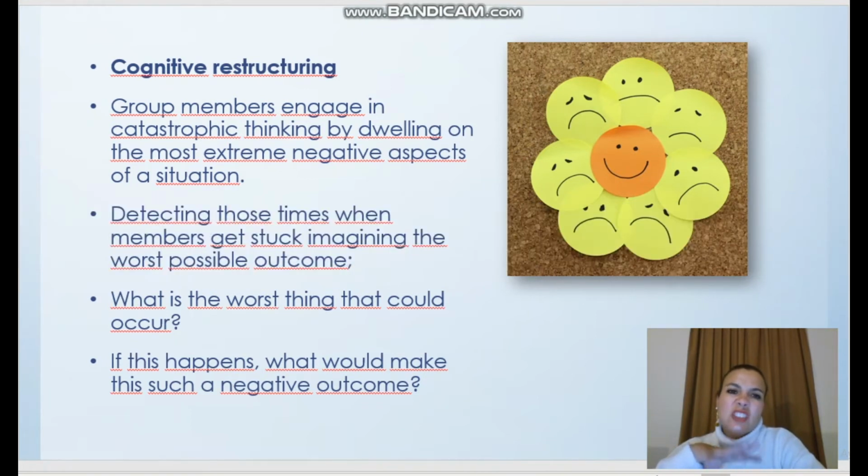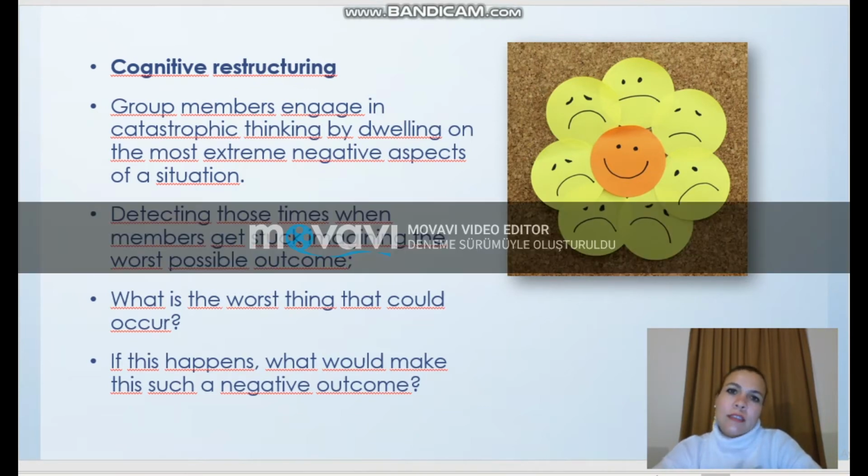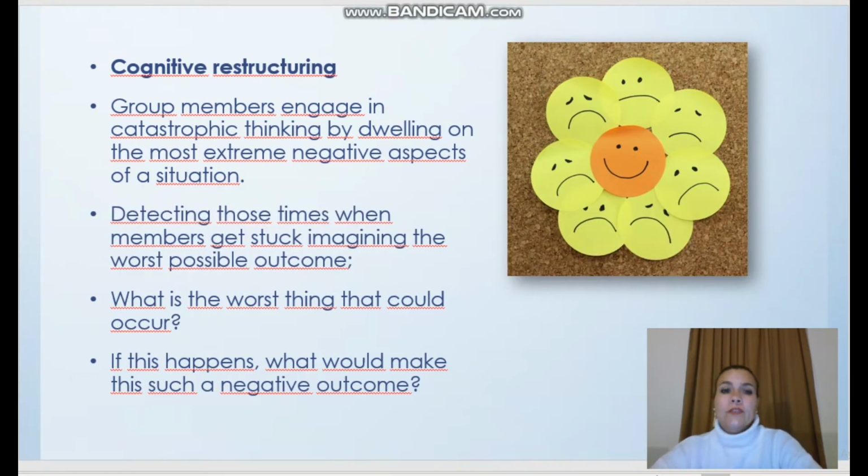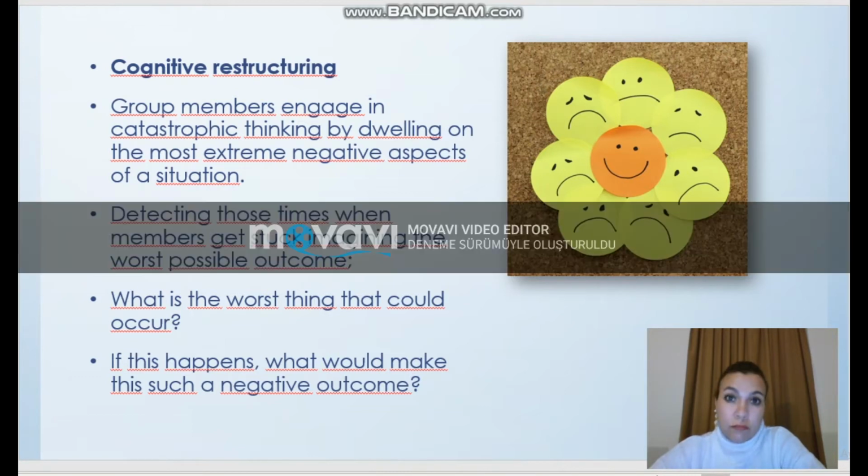They will engage in catastrophic thinking by only focusing on the most extreme negative aspects of a situation. Okay? As I gave the example previously, no woman wants me in her life, that type of catastrophic thinking, very extreme. And detecting those times when members get stuck imagining the worst possible outcome.